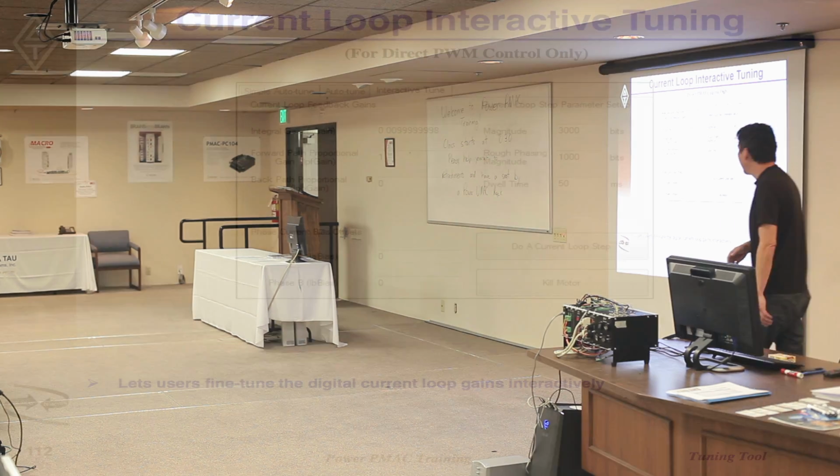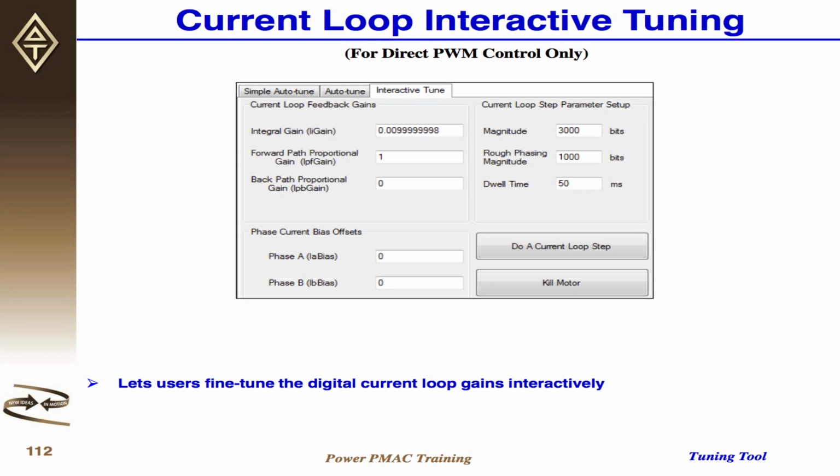And you can easily look at its response. The interactive tune, on the other hand, is for after you come up with some auto-tune gains: you can easily fine-tune your gains by using this tab. It allows you to look at different responses when you change the gains.